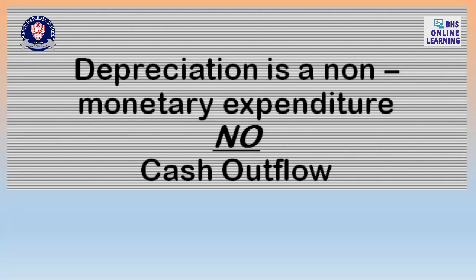For monetary and non-monetary expenditure, you can also simply take an example like your mother is offering services at your home of supervising your maids or the servants, taking care that they have cleaned your room, you are given the food in time, and all these activities are done by your mother.